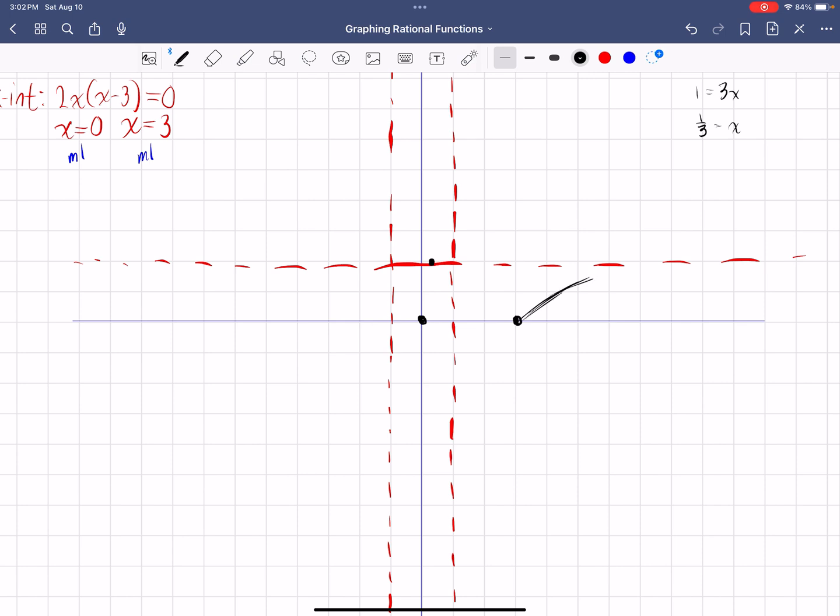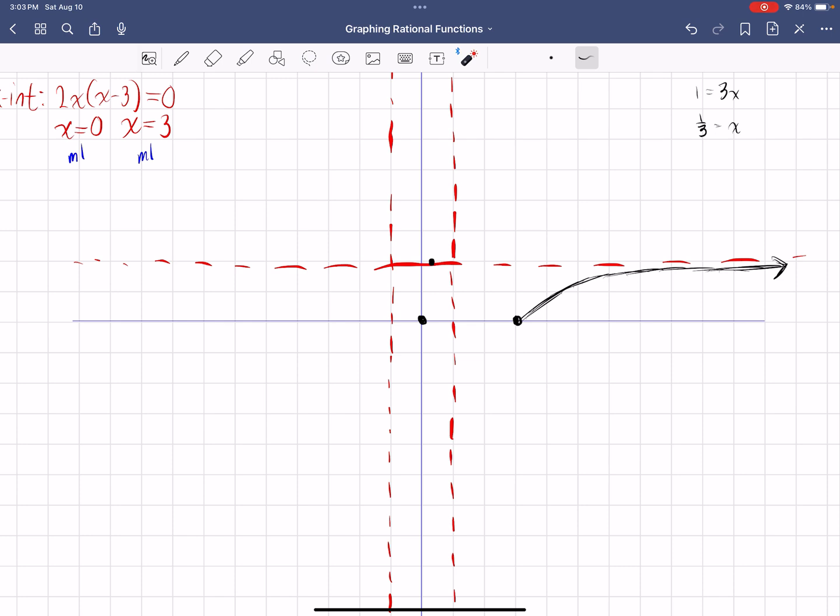And should I cross through the horizontal asymptote? I can't. The only place I cross it, I found out, was at x equals 1/3. So there's no crossing that. So I'm really sandwiched between these two places, and I'll just approach the horizontal asymptote and head off to the right. Okay, one part done. For this x-intercept, should we go through it or should we bounce off it? Well, for two reasons.